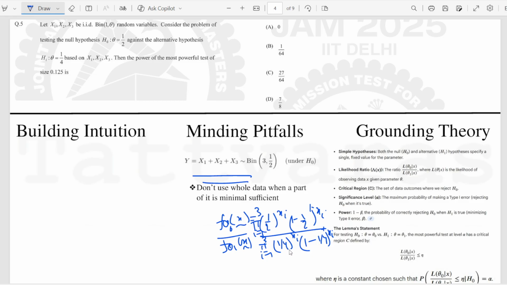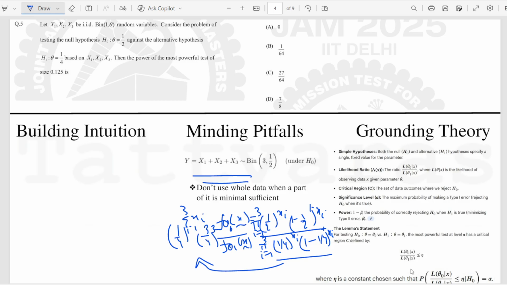And in the denominator, if you look at it closely, the product would essentially make this something like half to the power summation of xi multiplied by 3 by 4 to the power 3 minus summation of xi, or 2 raised to the power 3 minus summation of xi. So it can be seen that this likelihood ratio is now completely a function of summation xi.